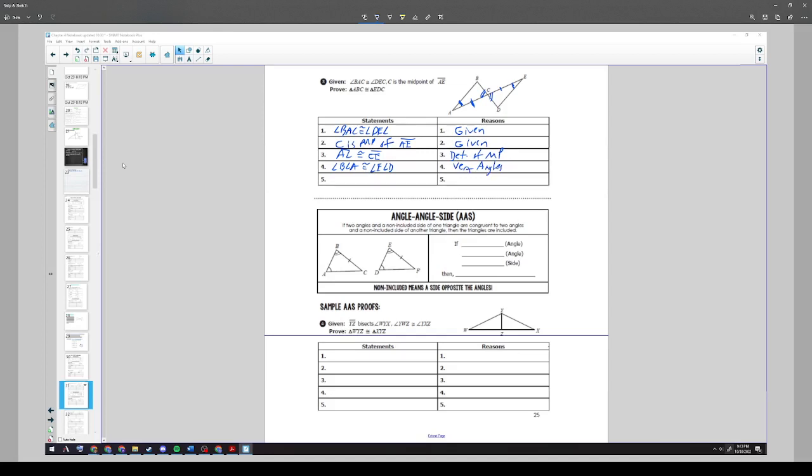And then our last step would be what we're trying to prove is that triangle ABC is congruent to triangle EDC. And make sure that we recognize the order still matters, right? Angle A was our first congruent angle to angle E, so those are the first letters.